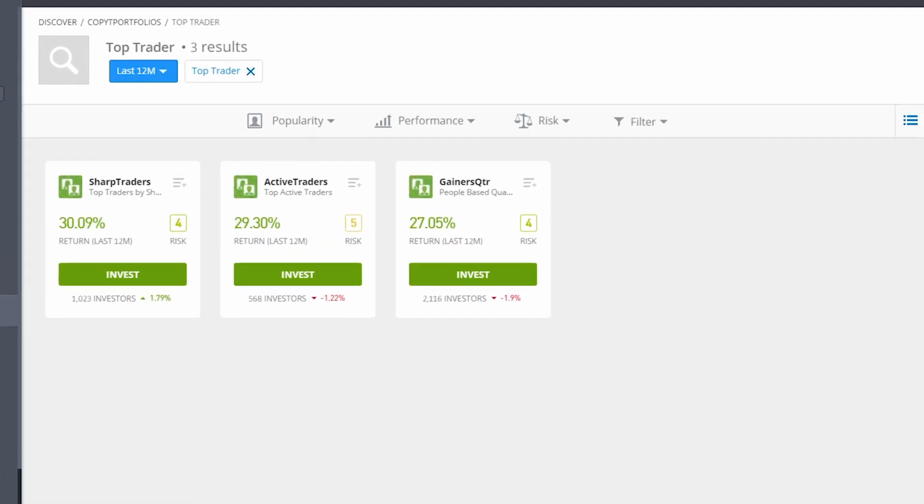I'm going to say something which might be a bit conflicting and separate the crowd. But I think there's really good traders on eToro that can do 90% plus a year, or at least for last year. There's a really good trader that I've copied recently that did 250% last year.